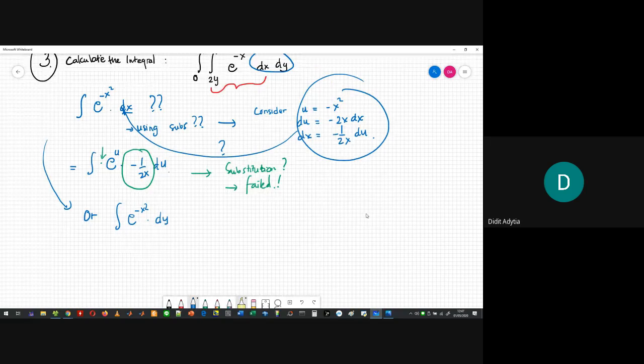Very easy. What is it? Okay, this is simply y e to the power of minus x squared. Okay, because this one is considered as constant. Much easier. Okay, this is much easier. So, what do we have to do? Change the directions, okay? Change the order of the integrations.